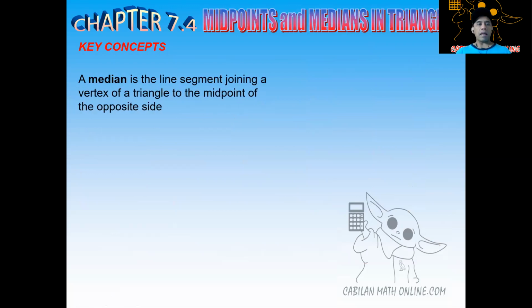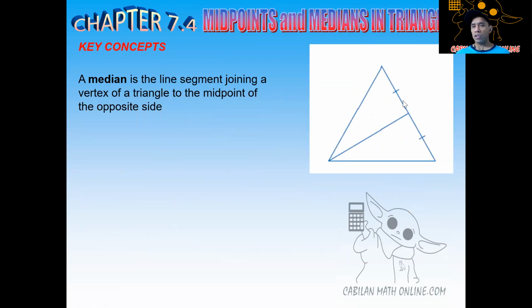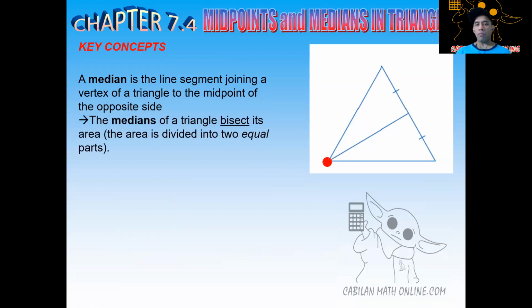The next thing we're going to look at is what's called a median. As I said before, median has to do with the middle of something. What's important is what it is, but also how it's constructed. When you take a corner of any triangle, which I represented with the red dot, a median is a line drawn from that corner to the opposite side that cuts the opposite side exactly in half.